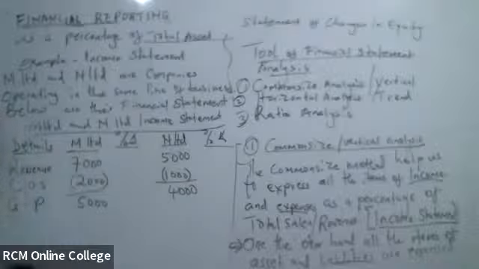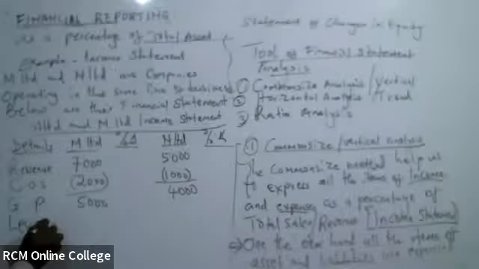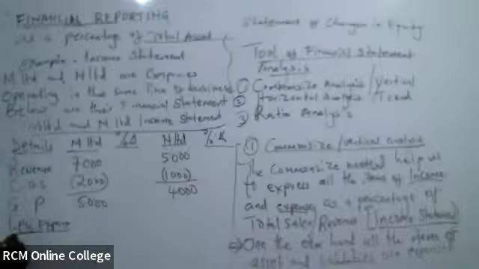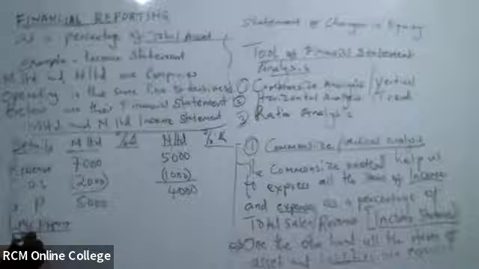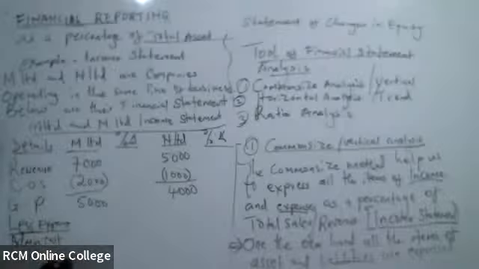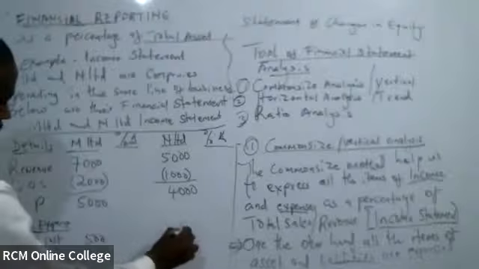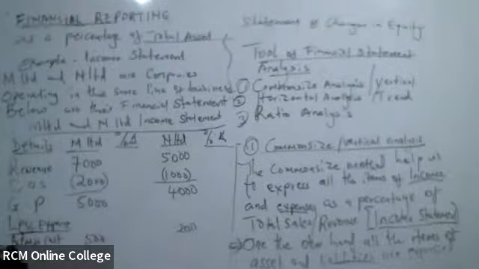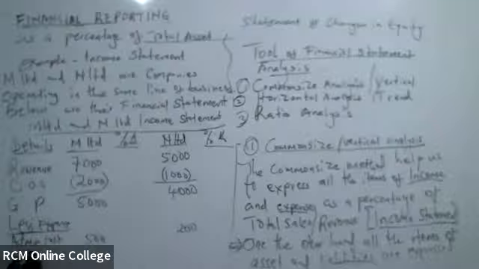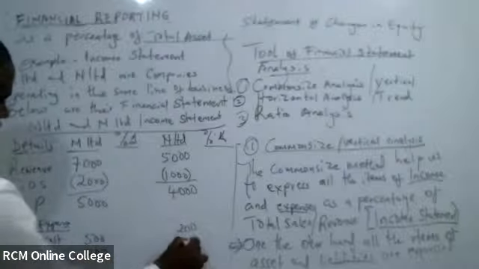I can then less expenses. For the expenses, I have maybe admin cost of 500 and 200, and distribution cost of 200 and 300.